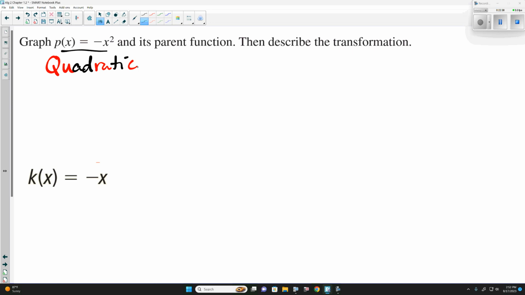So in this case, looking at the form a times the parentheses x minus h squared plus k, a's value is negative. And if a is negative, it's a reflection.